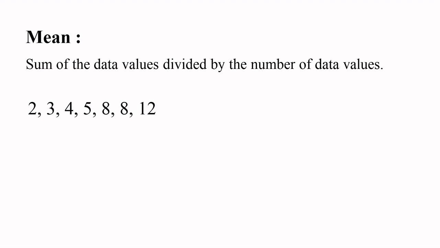Look at the first example. How can I calculate the mean? For calculating the mean, we must add all the values. So 2 plus 3 plus 4 plus 5, plus 2 eighths, and finally plus 12.